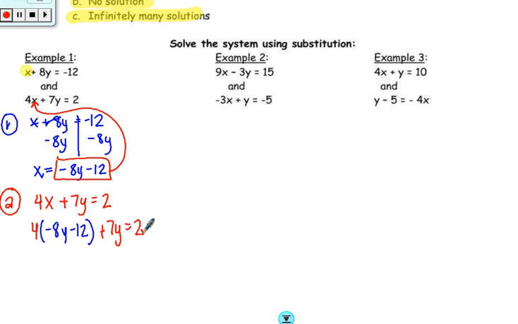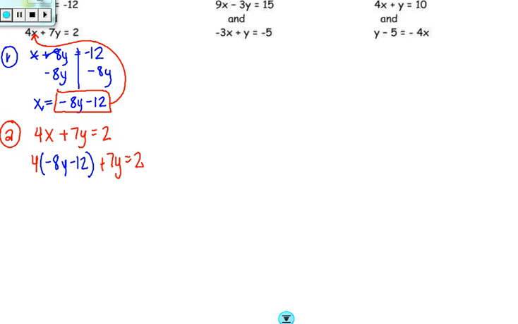We took our answer from step 1, went to the other equation that we have, and we plugged it in. So now, the rest of step 2 is just to solve this. If you look at this equation now, we only have the letter y. So if we distribute here, 4 times negative 8y is negative 32y. 4 times negative 12 is negative 48.